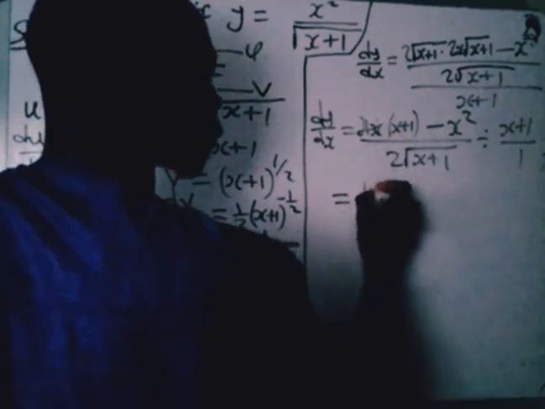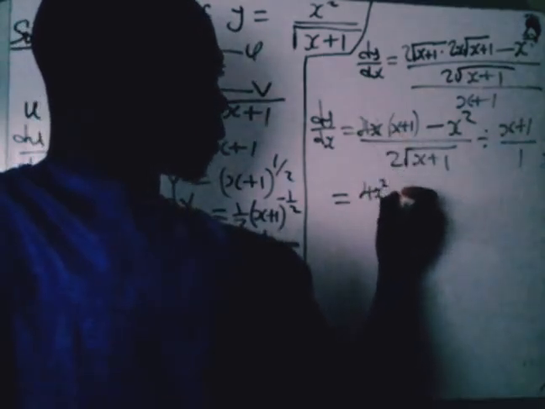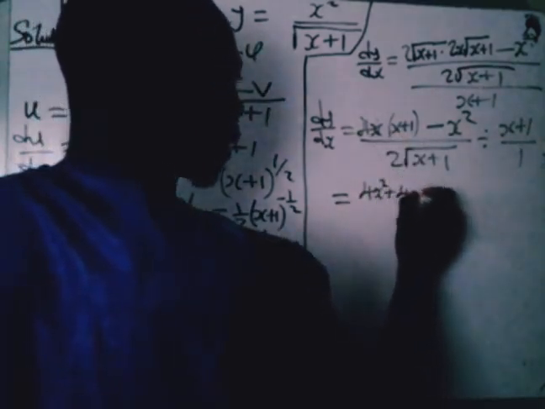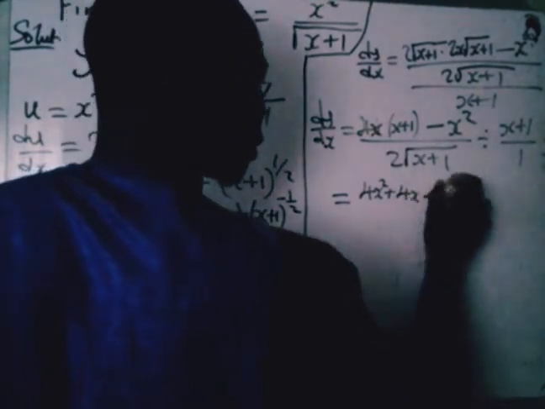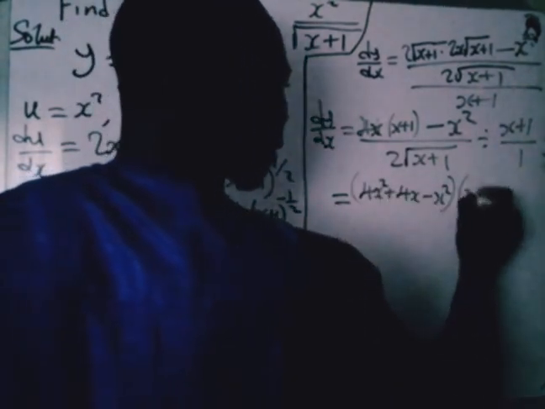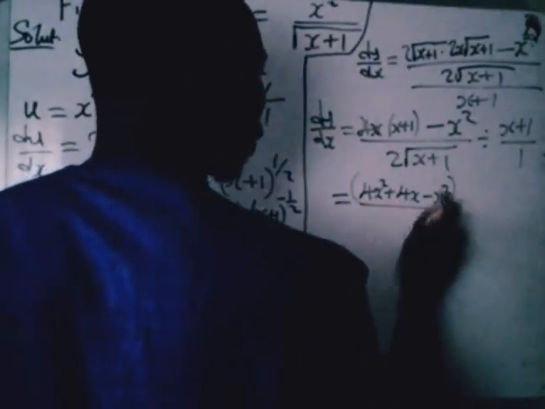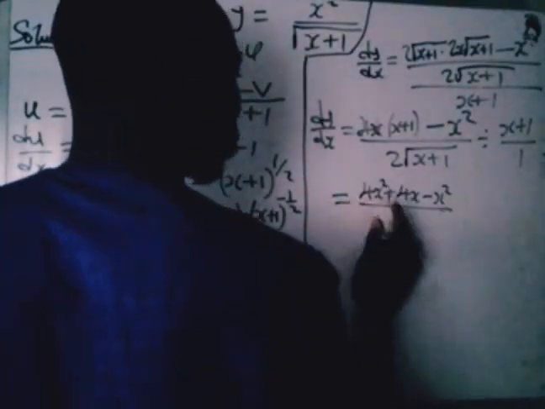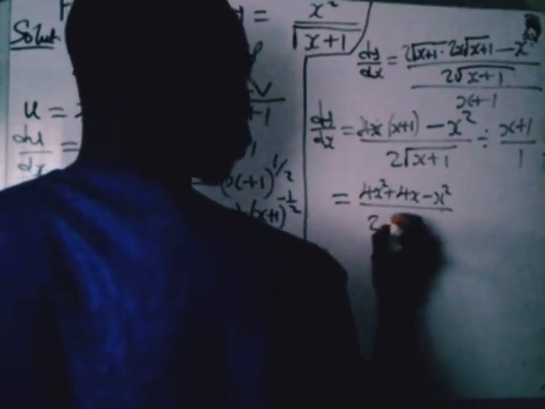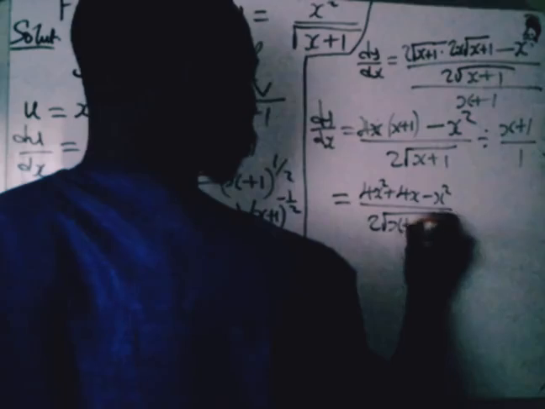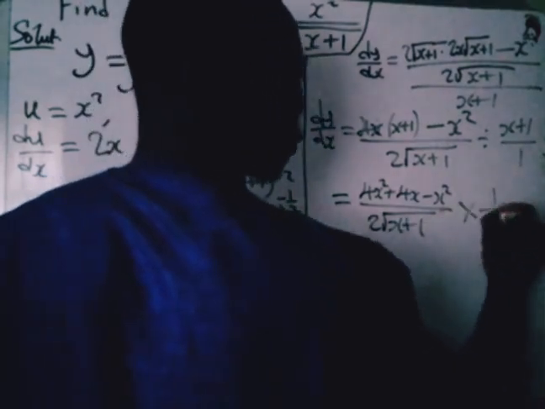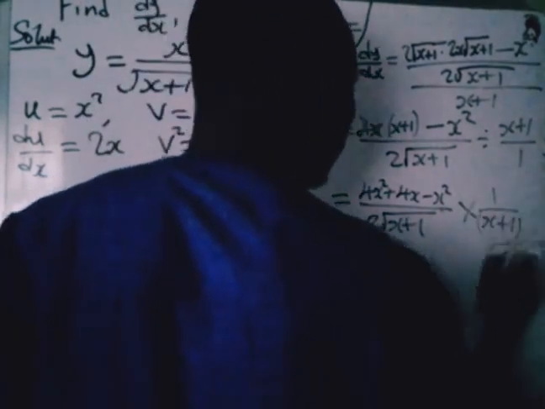So this is going to give us 4x squared plus 4x, minus x squared, in brackets, all over 2 square root of x plus 1, times 1 all over x plus 1.